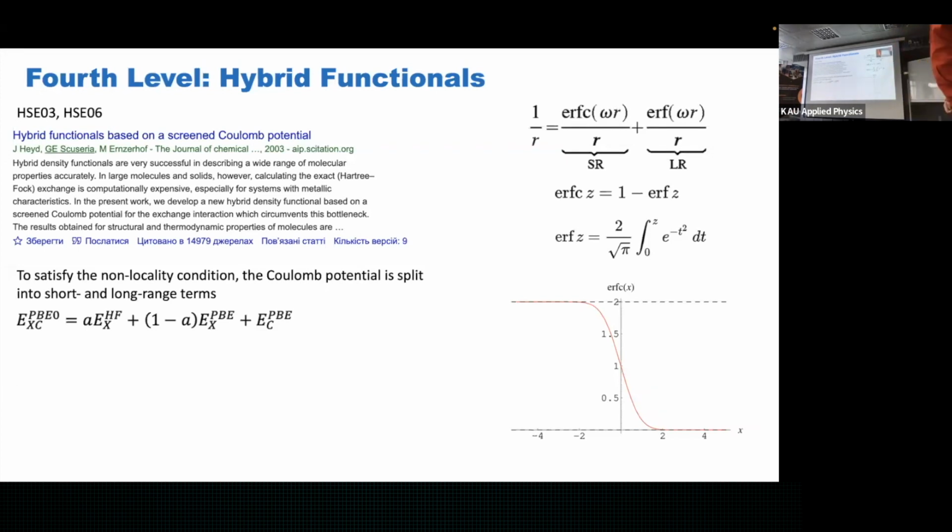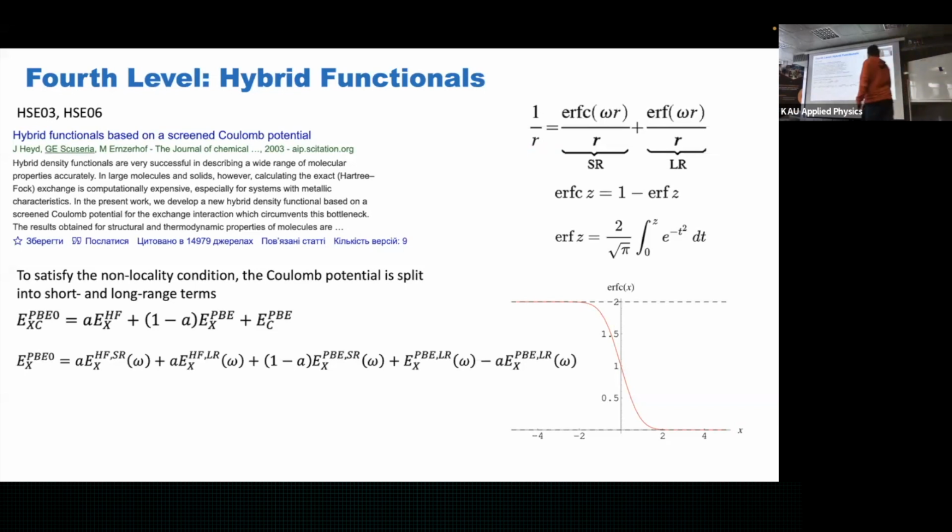And now I want to show you the difference between PBE0. So it's a functional of these guys, Scuseria and Ernzerhof. And now we can split this PBE0 into this short range and long range.